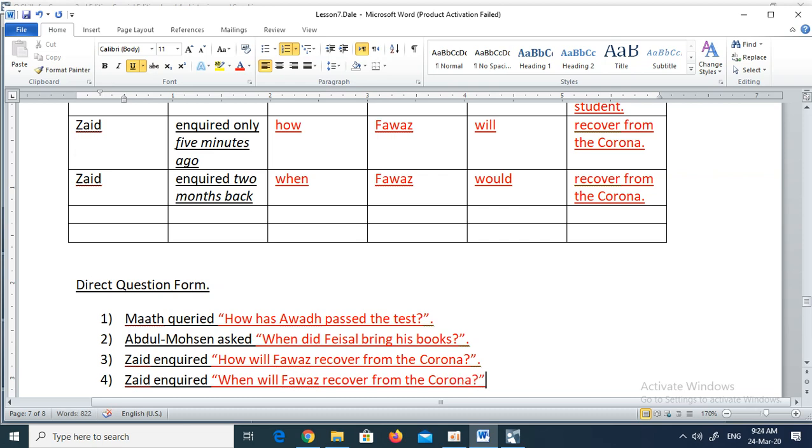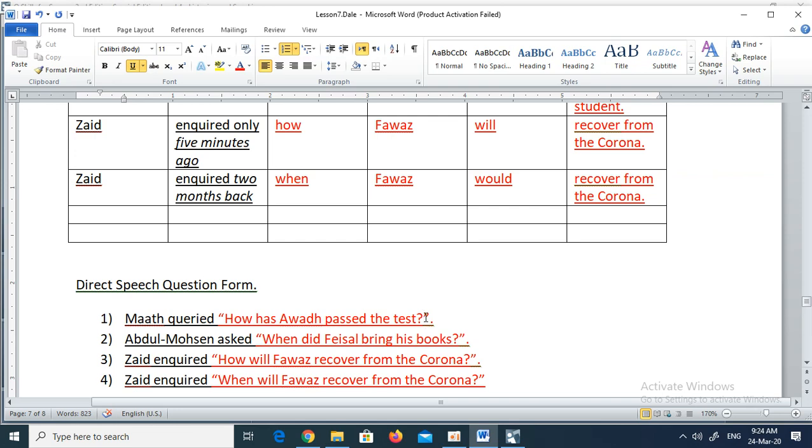In all those cases, because we are giving the direct speech, we use the 2 sets of inverted commas at the start and at the end to bracket the words in direct speech, the actual words that Marv or Abdul Mohsen used.